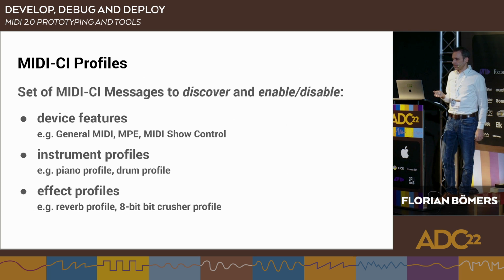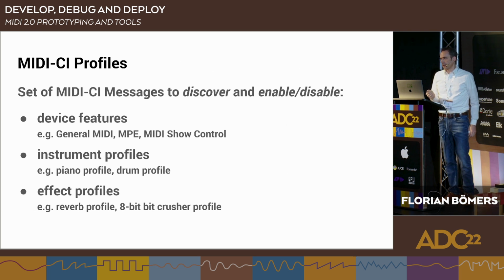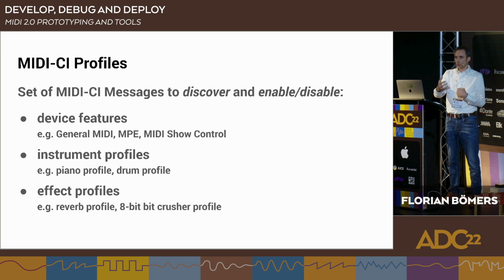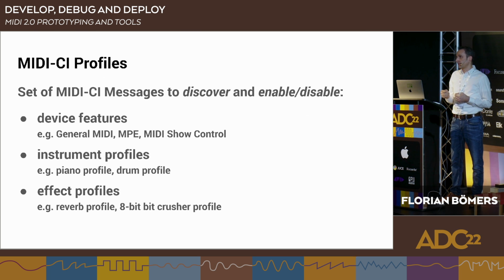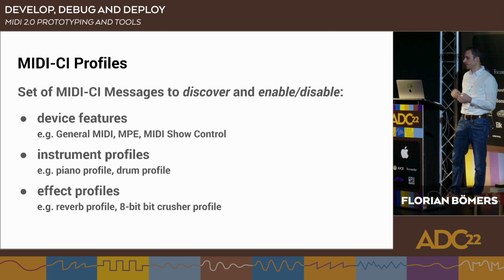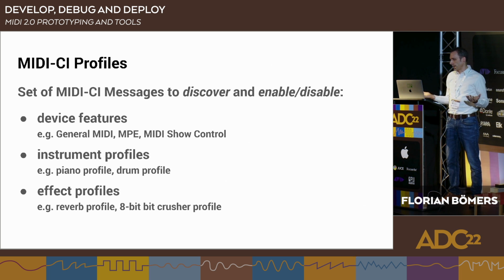The next section of MIDI-CI is profiles. You can discover which profiles are supported by any device that you can reach via MIDI. Then you can enable a profile and you can disable it. A profile is high-level functionality, for example General MIDI. From the outside, you can query, hey, which profiles do you have?